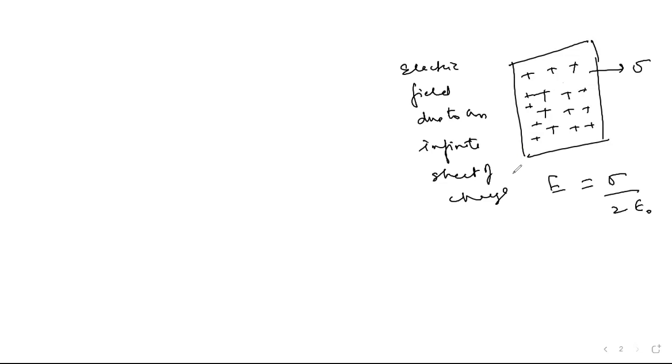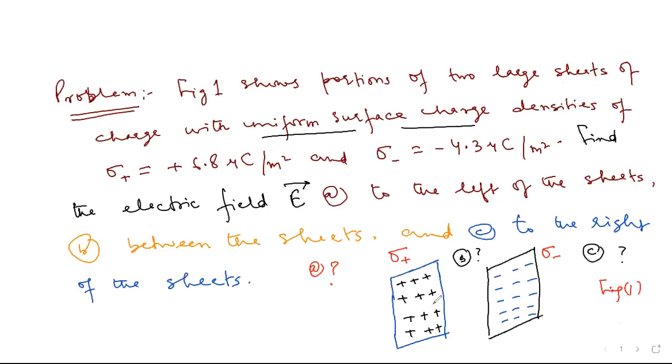Now, our sheets in the problem in question are not infinite, but they are portions of large sheets, right? And since they are portions of large sheets, for the point of observation to the left of the sheets, right of the sheets, and between the sheets, they are effectively infinite sheets.